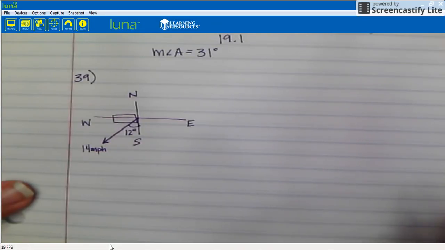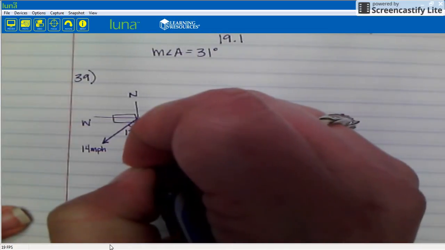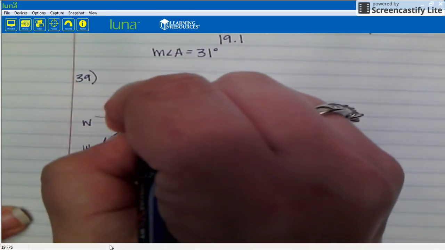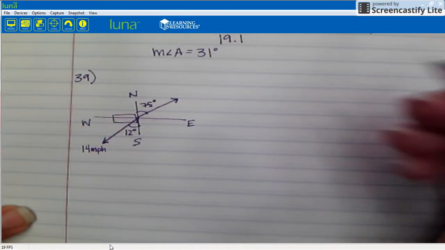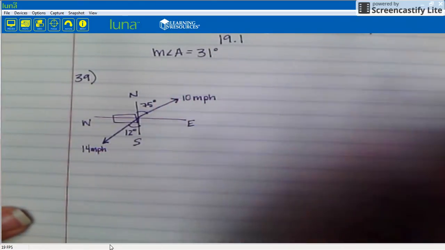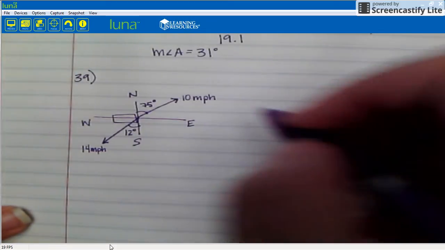And then the other ship travels on a bearing of north 75 degrees east, and we are traveling at 10 miles per hour. How far apart will the ships be after 3 hours?